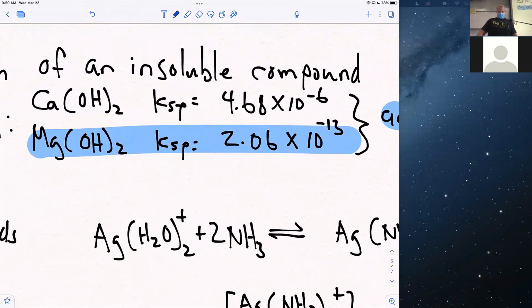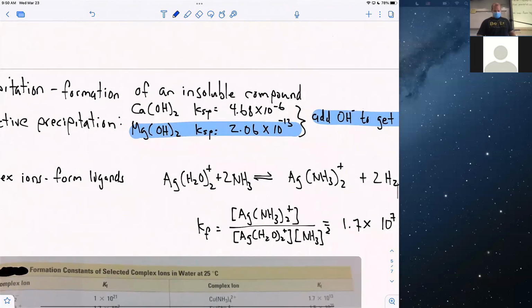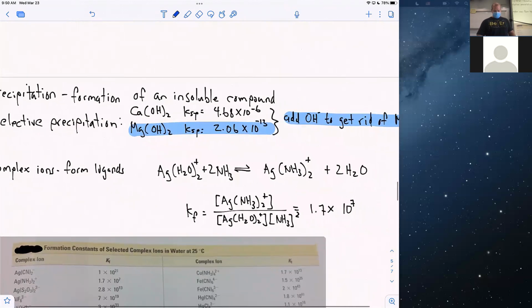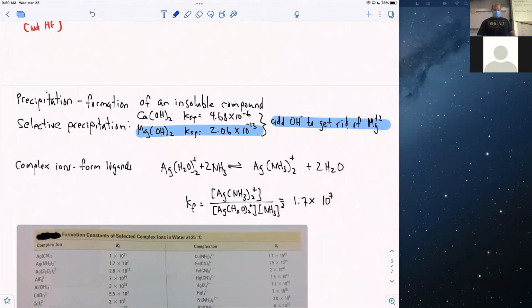So magnesium is 10 to the 7, ten million times as insoluble. If you add hydroxide to this solution, you can get rid of the magnesium. The magnesium will precipitate first.